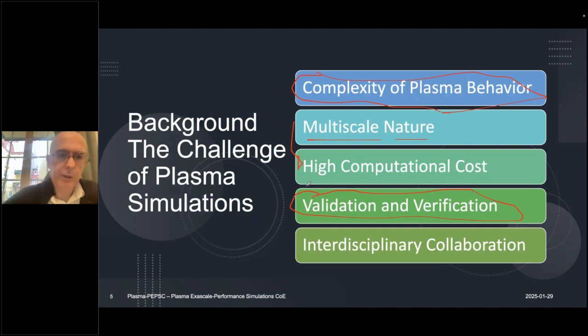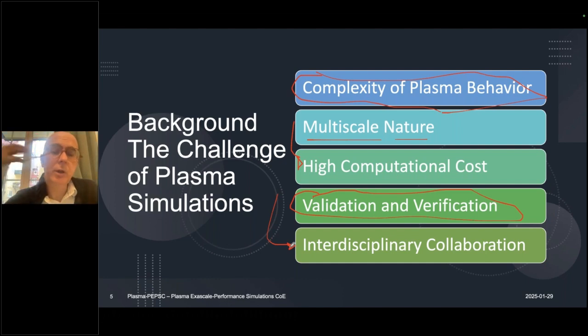And this is a mechanism that requires a lot of time, a lot of expertise. And last but not least, plasma simulation today requires a wide range of interdisciplinary collaboration, going from computer science, high performance computing, parallel computing, computational plasma physics, including modeling technique.